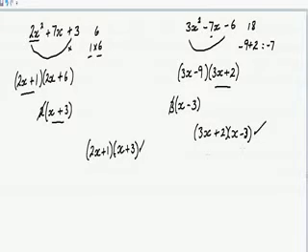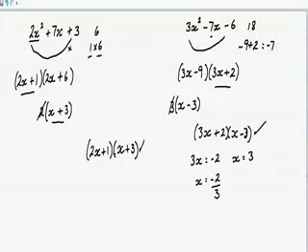Now if they said to solve this, remember we just take everything out but change the signs. So 3x will equal minus 2. So x will equal minus 2/3. And here, nice and easy, x equals plus 3 because we changed the signs, remember.